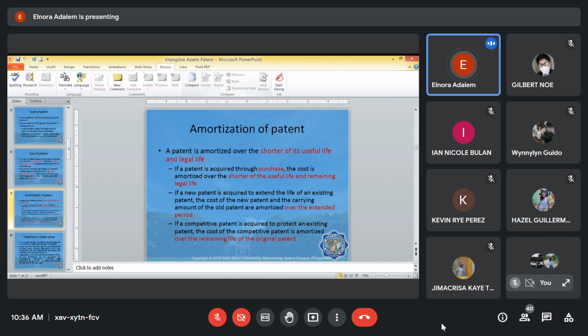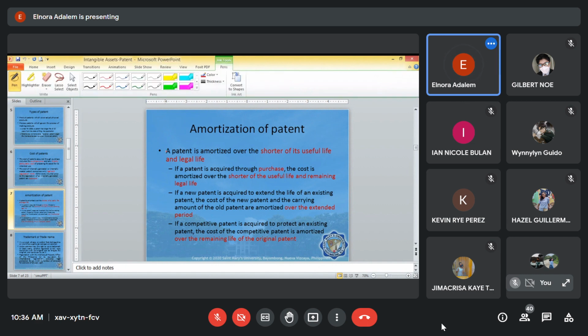So there are three cases here. This is the first case. This is the second case. This is a new patent, or we call it a related patent. For a related patent, the cost of the new patent plus the carrying amount of the old patent will be amortized over the extended life.